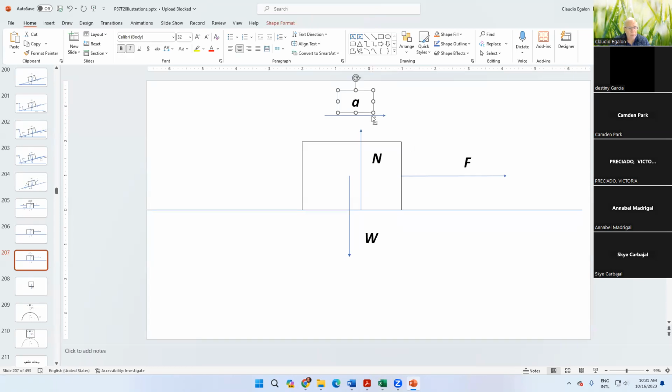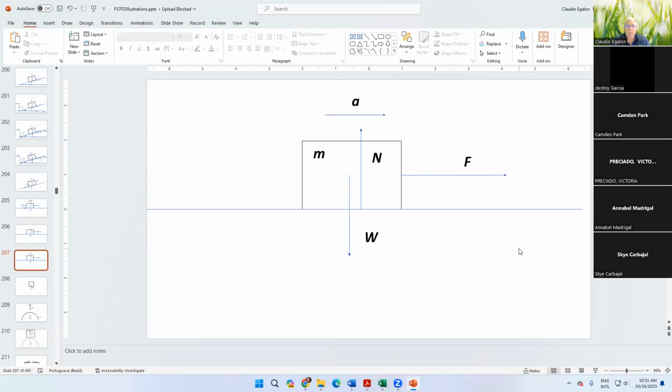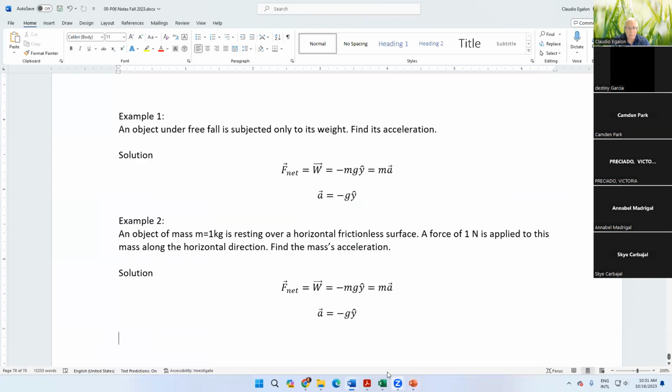I'm going to put the mass M here. The object has no acceleration along the y direction. It has acceleration only along this horizontal direction. So here we go.